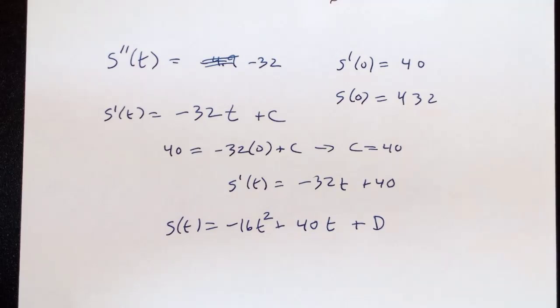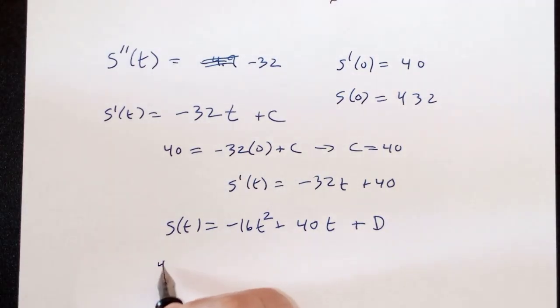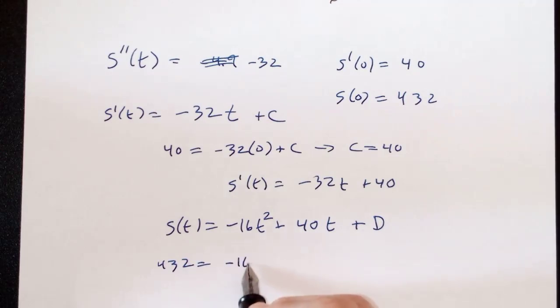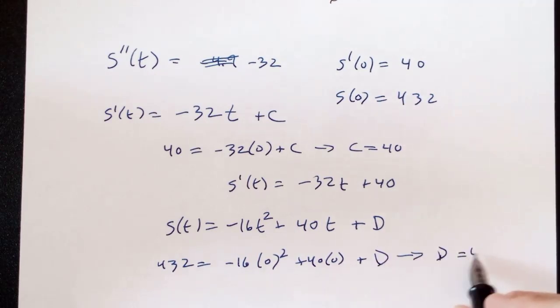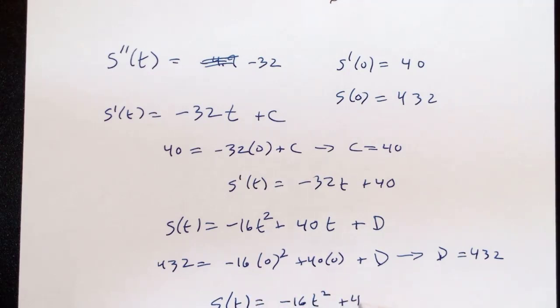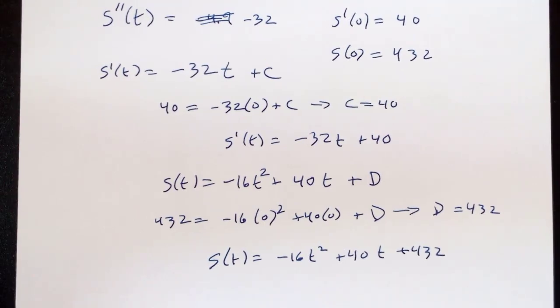But now I know the other part of my initial condition can get used here. 432 is equal to minus 16 times 0 squared plus 40 times 0 plus D. So D is 432. And I explicitly now have the solution to my initial value problem.